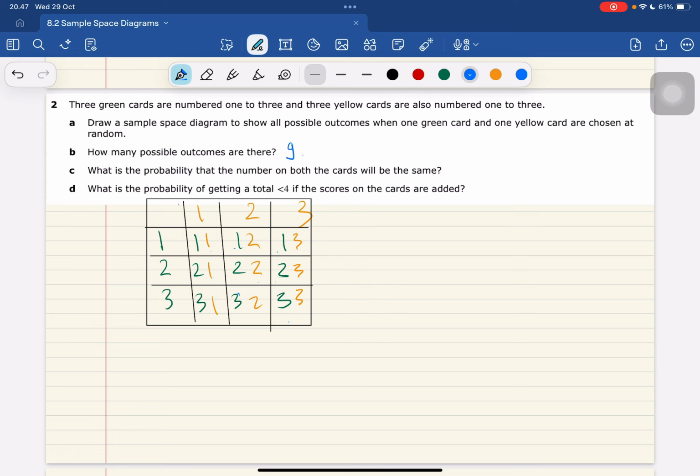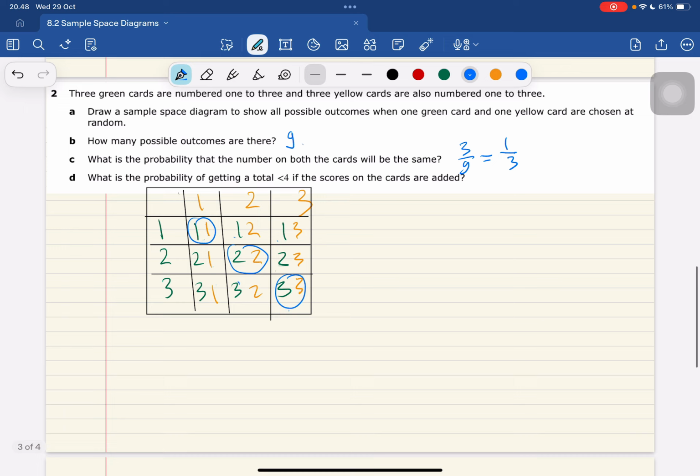What is the probability that the number on both cards will be the same? Let's check. We got 2 and 2, 1 and 1, and then 3 and 3. So this will be 3/9, or simplified, 1/3. What is the probability of getting a total less than 4 if the scores on the cards are added?